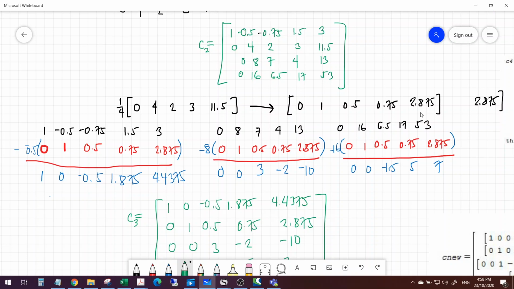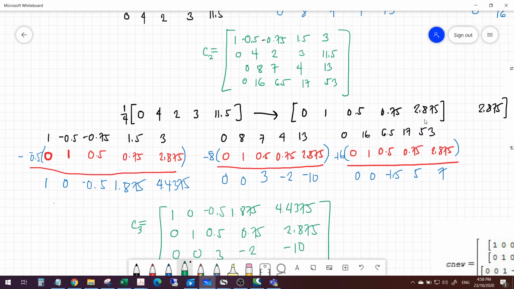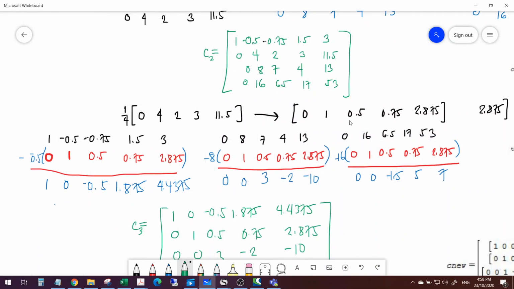And then as we did earlier, I rewrite this normalized matrix here, the red one, and then rewrite the three rows over here. So 1, negative 0.5, the first row. The third row is 0, 8, 7, 4, 13, and the fourth row is 0, 16, 6.5, 17, 53.